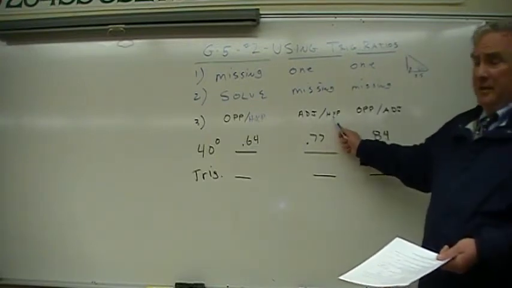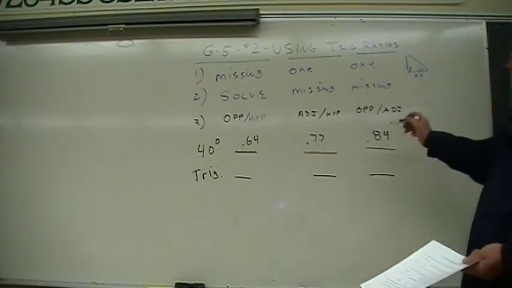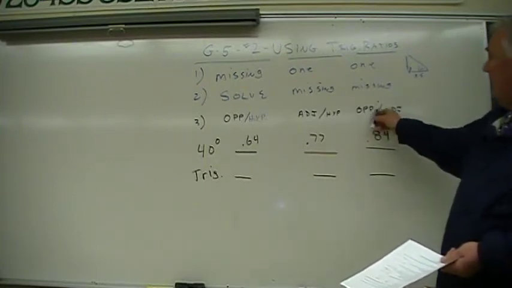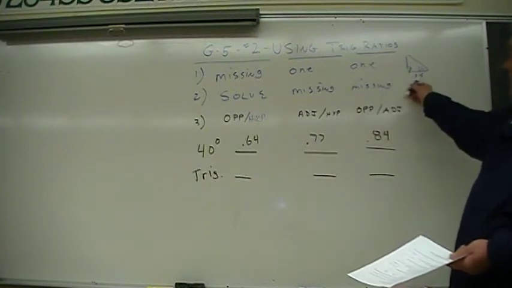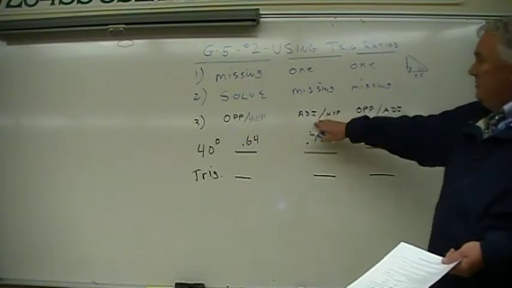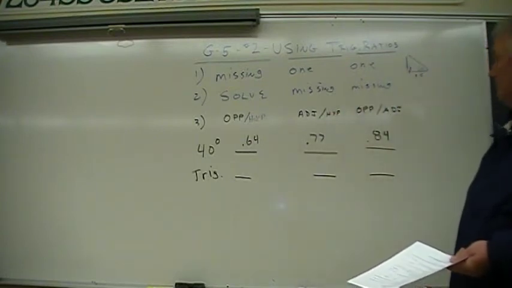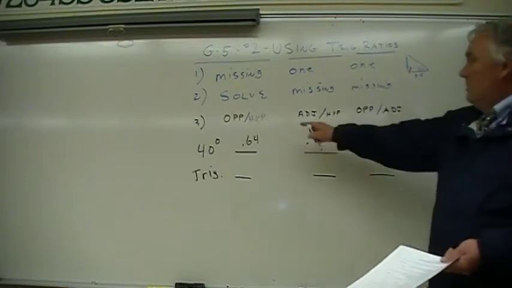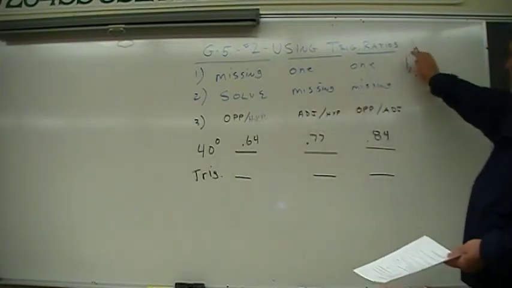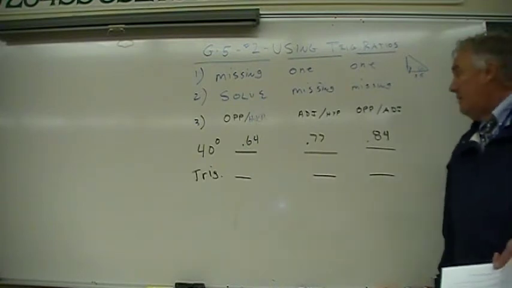Adjacent over hypotenuse, here's the ratio, 0.77. And if we took the opposite side length and divided it by the adjacent, opposite divided by adjacent, this one's adjacent divided by hypotenuse.